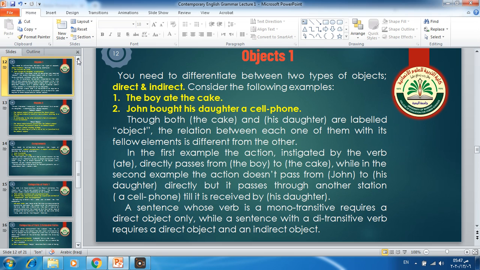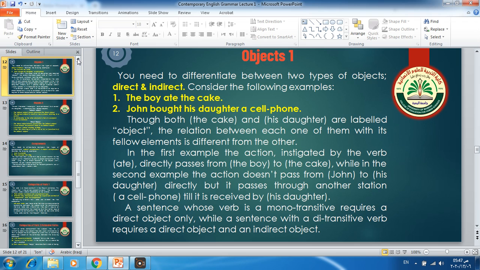Now let's start speaking about some of these units. Let's start with the objects. Now we say objects. I didn't say object. You know why is that? Because we have to differentiate between two types of objects, the direct object and the indirect object. So consider the following examples.